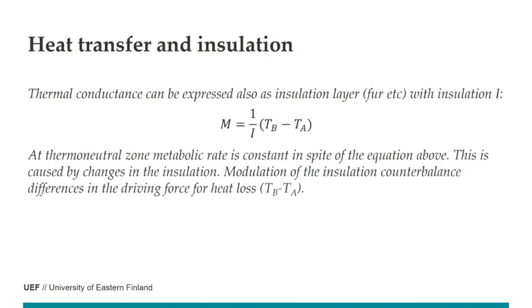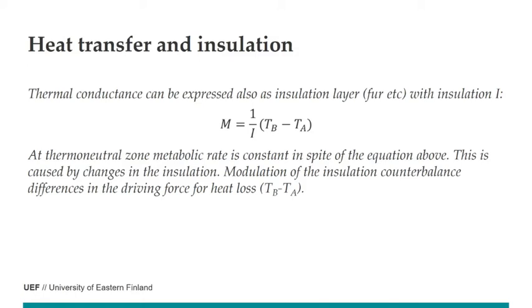But the problem in this equation actually is that in the thermoneutral zone, the metabolic rate is constant. And this is because we are able to change the insulation in the thermoneutral zone.